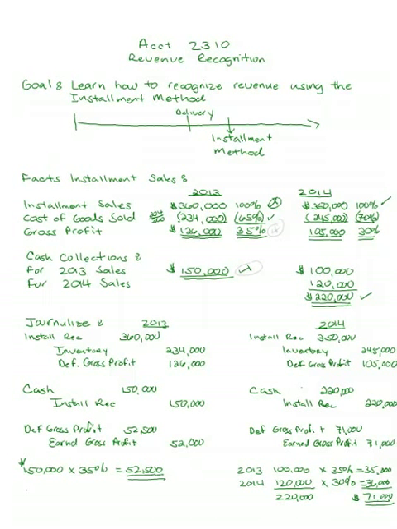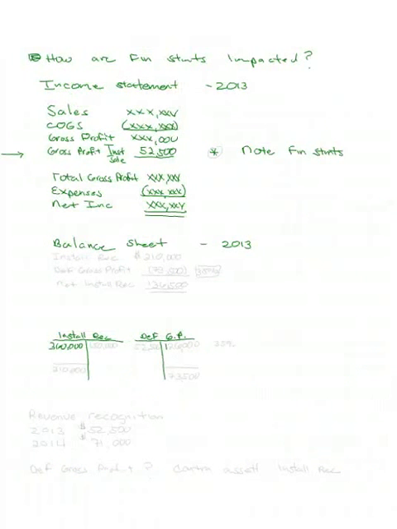And I'll pick up our deferred gross profit now as well, the $126,000. And I want you to divide the $126,000 and the 360, and you'll notice, yes, that the 35% relationship is intact. This is in fact 35% of our installment receivable.